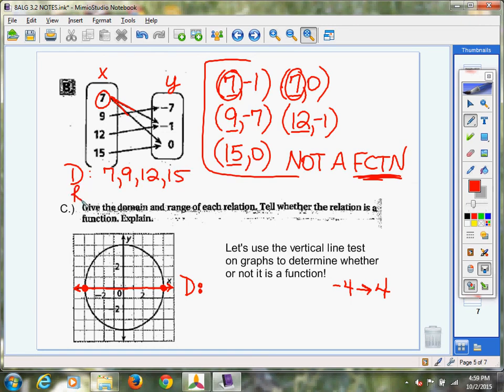And the range is -7, -1, and 0. When you deal with graphs where you're finding the outer barrier edges and it's all the numbers in between, you're going to need to use inequality symbols. Hopefully that makes sense. If it doesn't, I'm so sorry. We'll talk about it in class tomorrow.